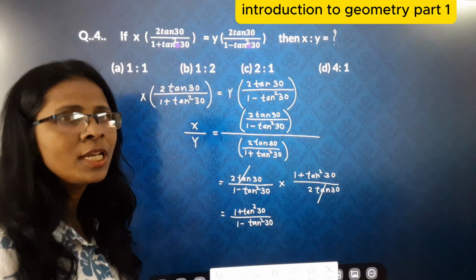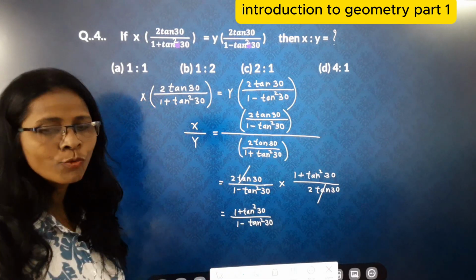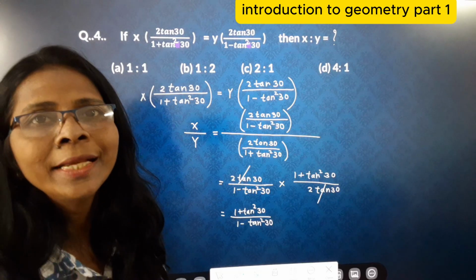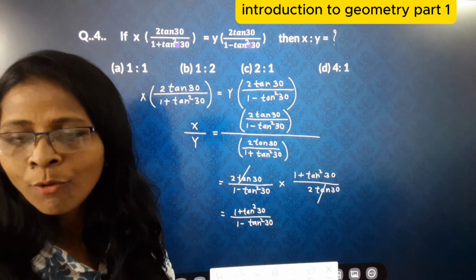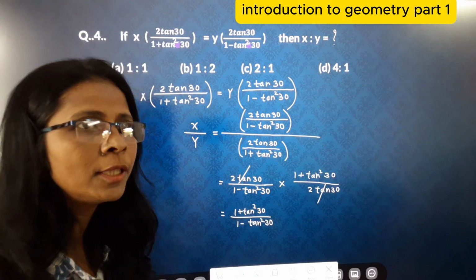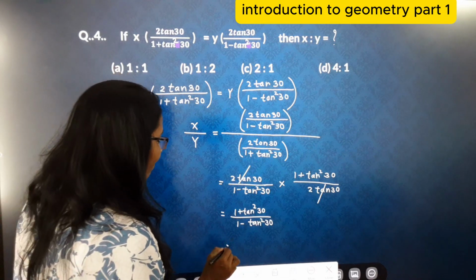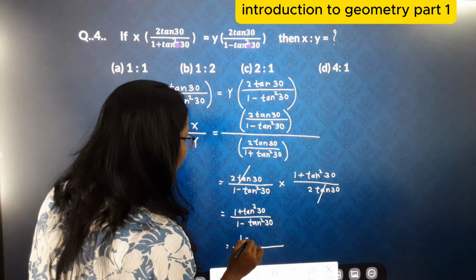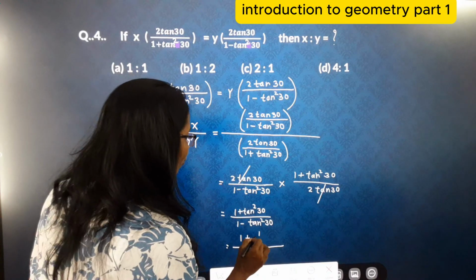Now students, what is the value of tan² 30? The value of tan 30 is 1 upon root 3, so I write 1 upon root 3.